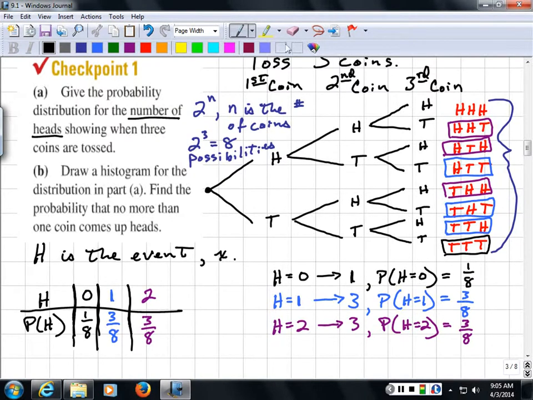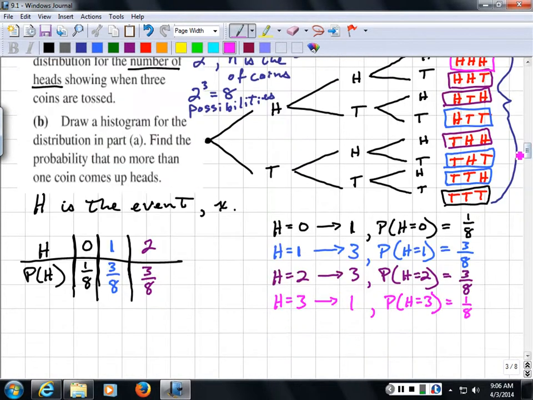And then the last possibility is going to be that there are 3 heads showing, which obviously there's only 1 left, right? So that's going to be 1 out of 8. So now we will.